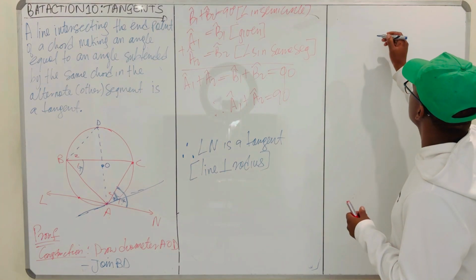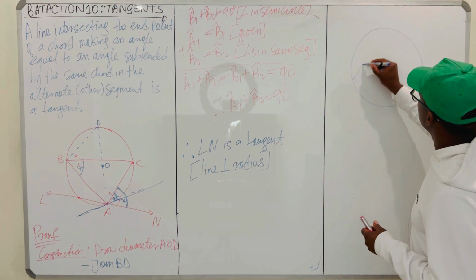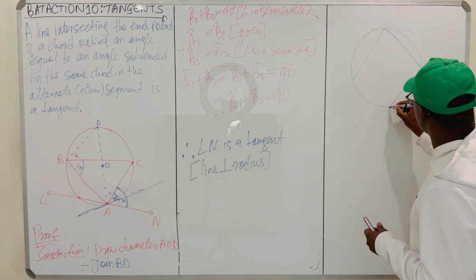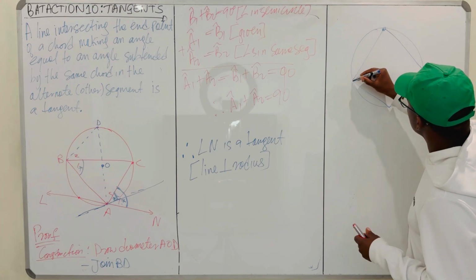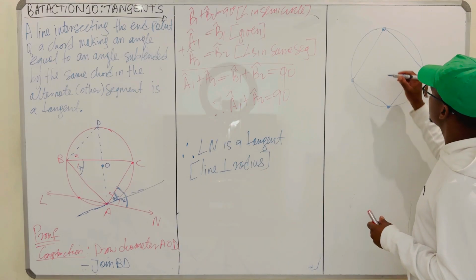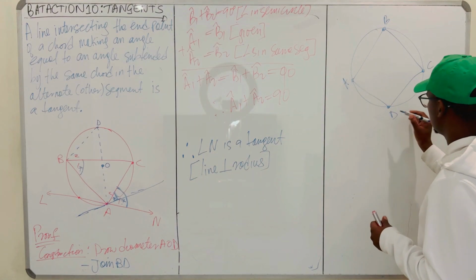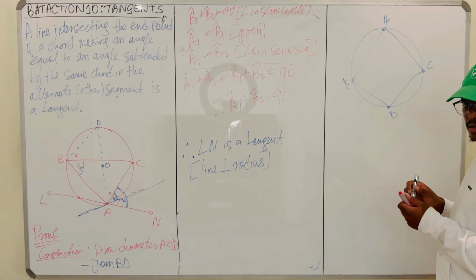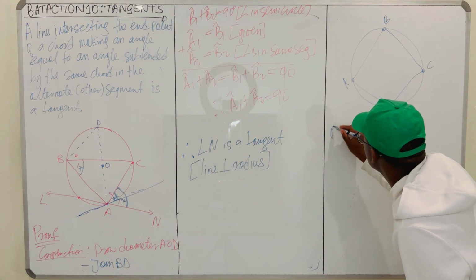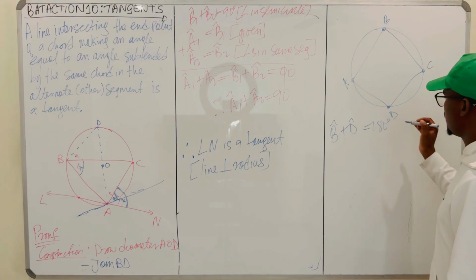Another way of proving it, you can say, okay, I have this cyclic quadrilateral. Can you see it? Yes. Let's call it A, B, C, and D. You want to prove that B plus D is equal to 180 degrees. Are you with me? Yes.